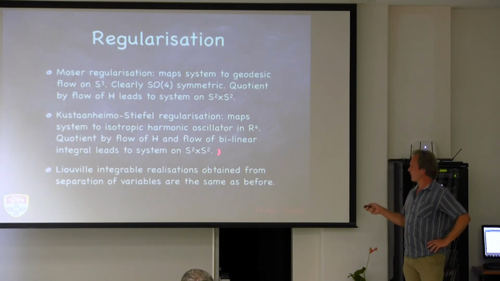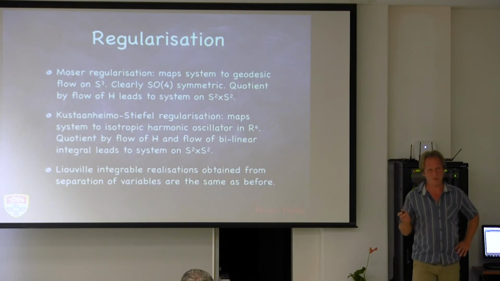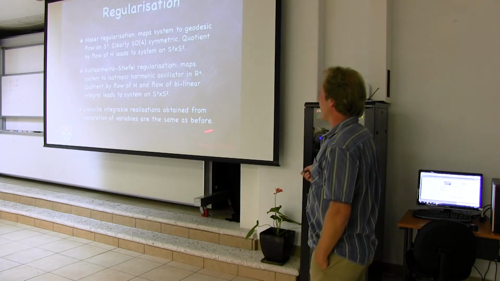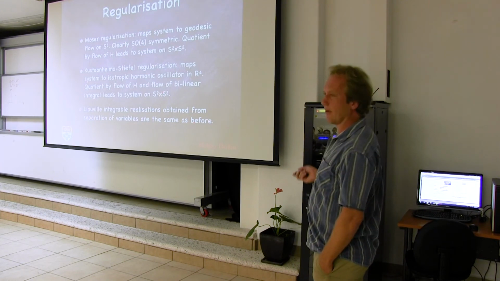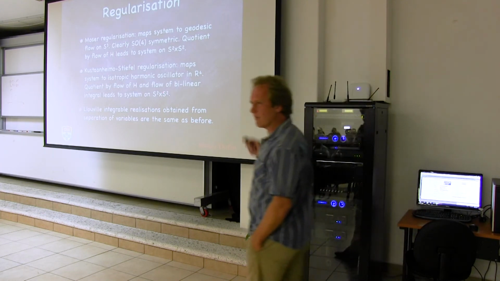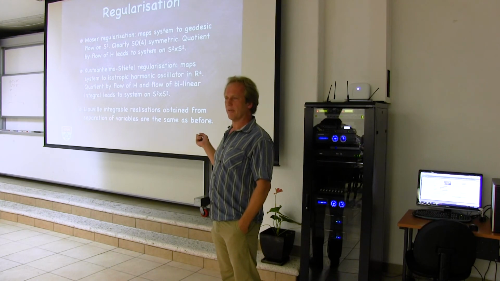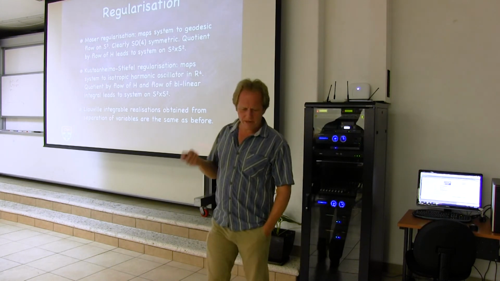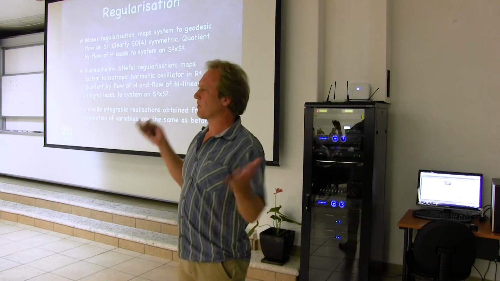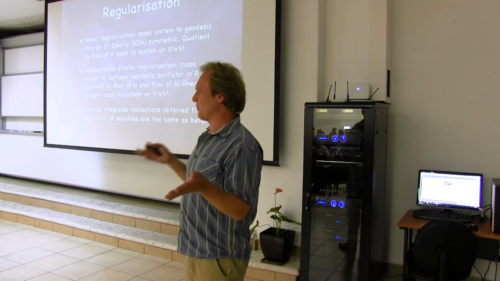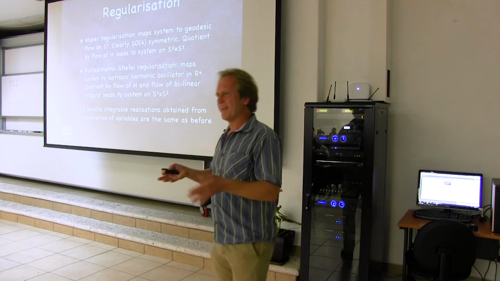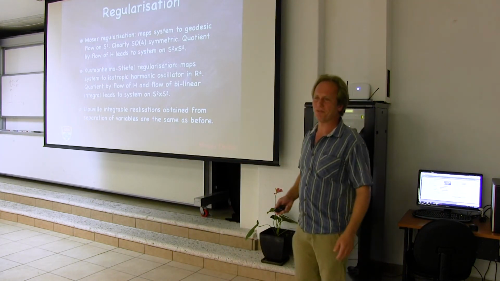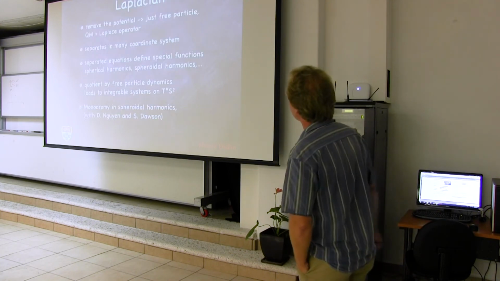If you quotient that out, you again end up on S2 cross S2, as you would expect. But the surprise, at least to me, was that the systems you end up with are exactly the same. So even though we didn't regularize in the beginning, nothing changes if we do regularize. The reason, in some sense, may be that since we quotient by the flow of H, and the flow of H is the thing that is singular, you end up with something that is regularized, even though we didn't actually regularize.